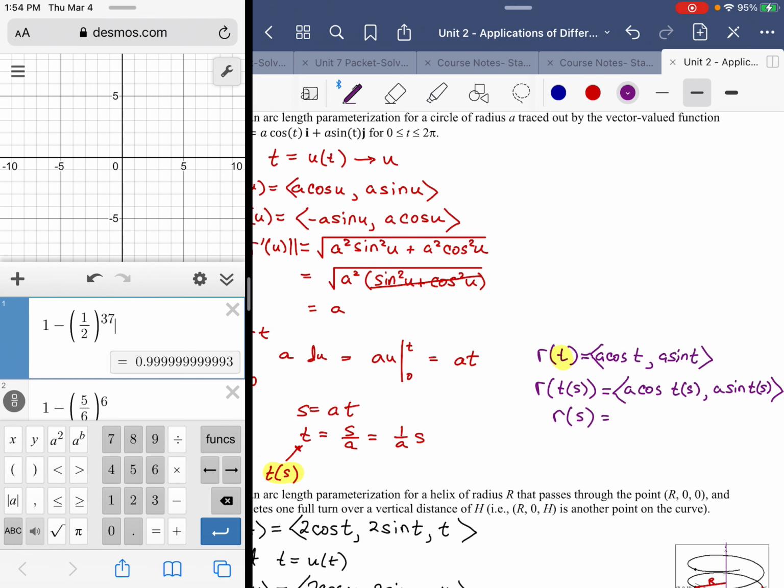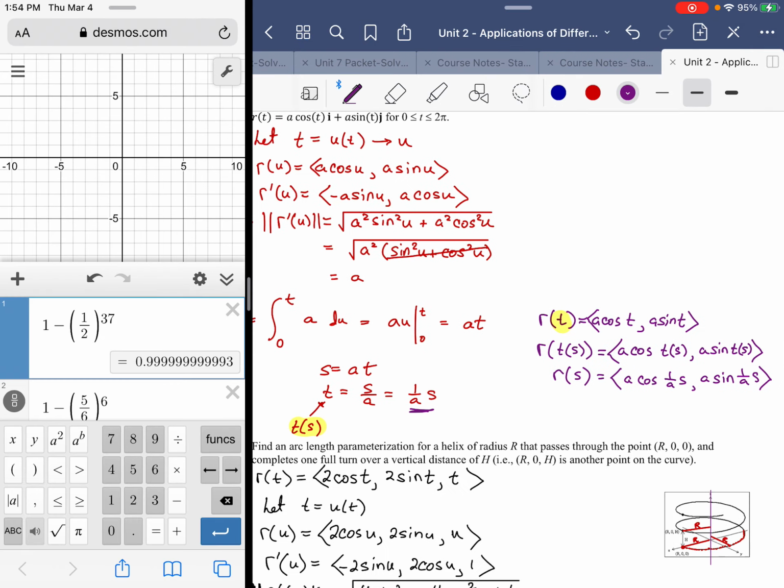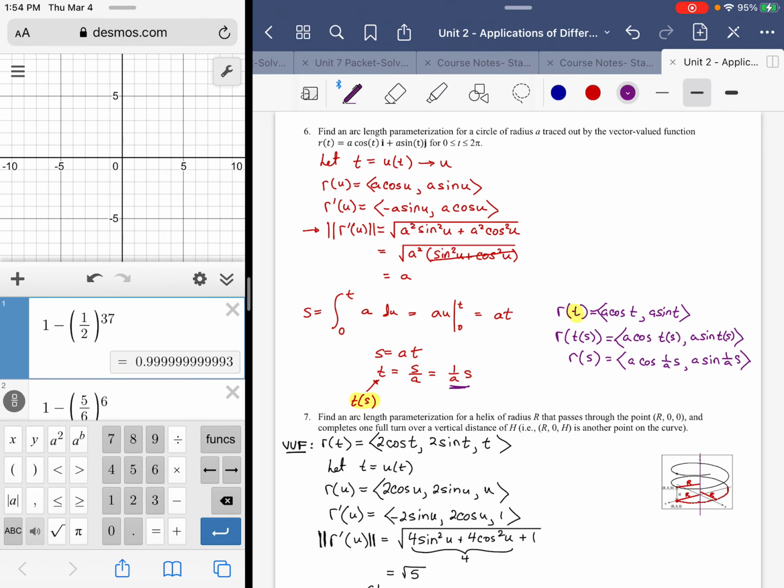But now since I know that t of s and 1 over a times s are the same thing, I can say a cosine of 1 over a times s, a sine of 1 over a times s. And now we've parameterized our vector valued function in terms of arc length.